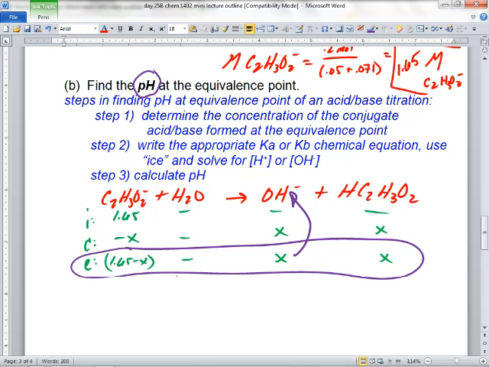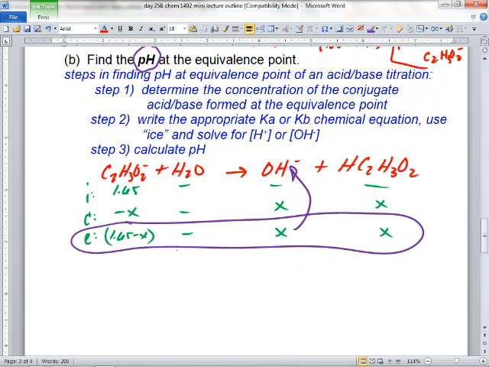Okay. So how do you get started on this to get our X? We need the K what? Kb. So we gotta use Kw, exactly, because you can't look up a Kb for acetate.